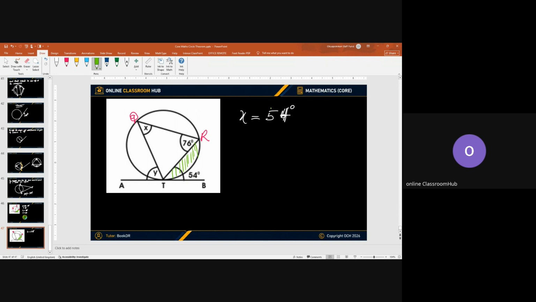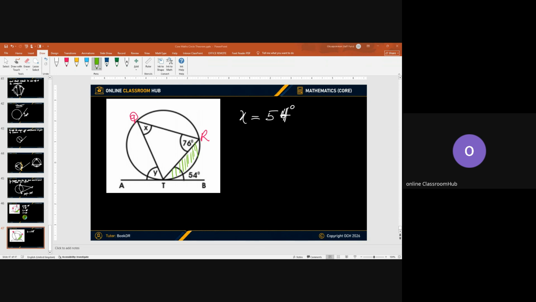What about Y? Y is 76. What reason? Yes, the angle between a chord and a tangent is equal to the angle the chord subtends in the alternative segment on the circumference of the circle.